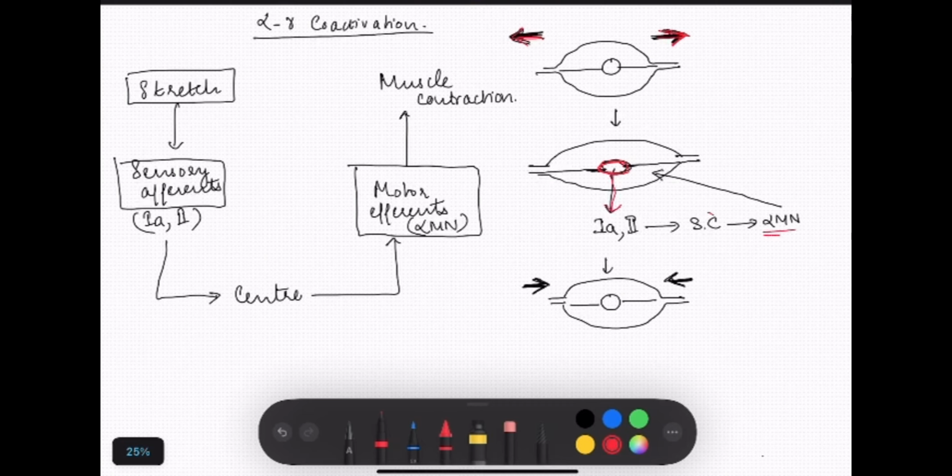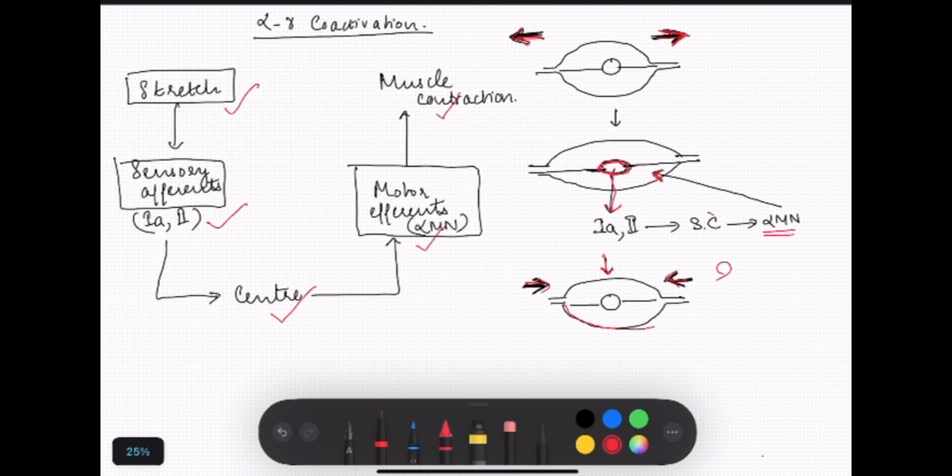Alpha motor neurons are activated, and finally the muscle undergoes contraction and shortens. So this is our pathway: first we have the stretch, sensory afferents, center gets activated, center processes, alpha motor neurons fire, and muscle contracts.